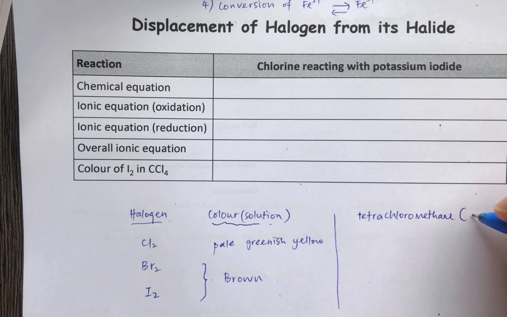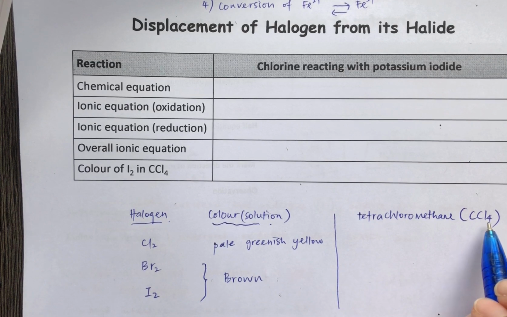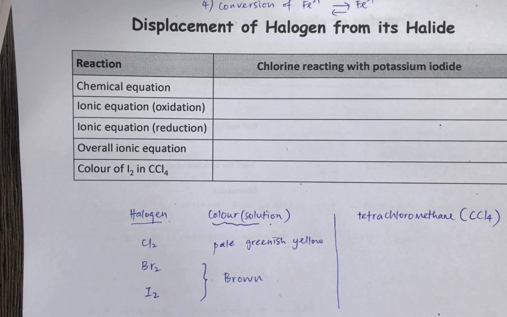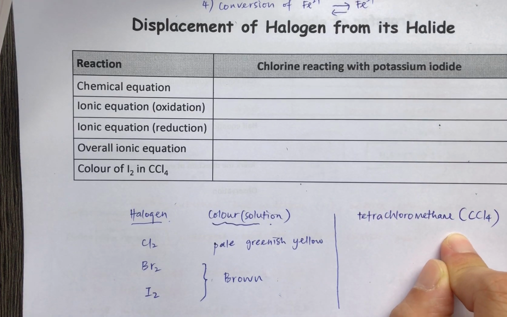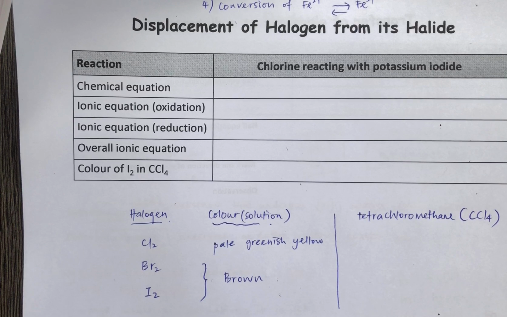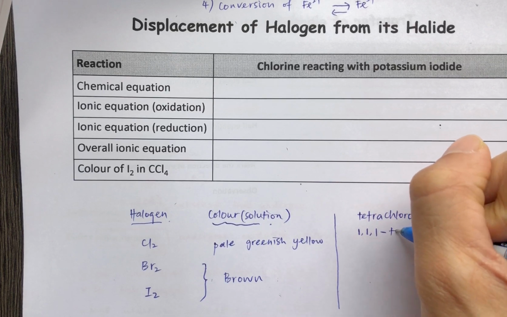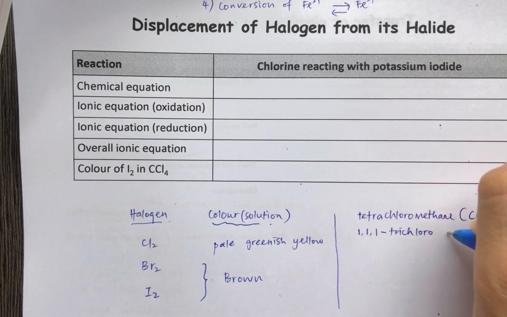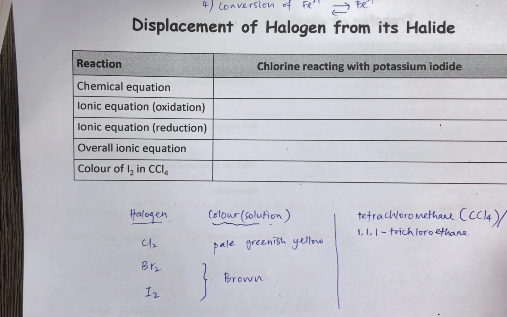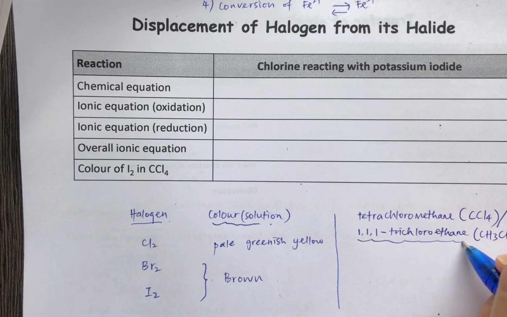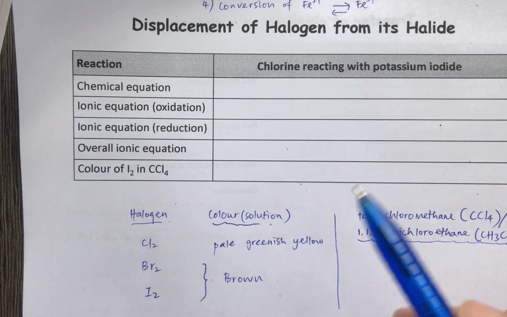Basically it is a carbon compound attached to four chlorines. Tetrachloro means four chlorine. Or when your lab is running out of tetrachloromethane, you can use a substitute called 1,1,1-trichloroethane, and the formula is CH3CCl3.